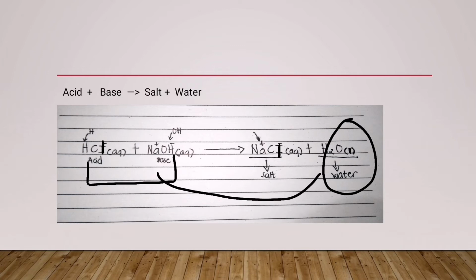So the positive ion from the base bonds with the negative ion from the acid to produce our salt here. So this is our salt.